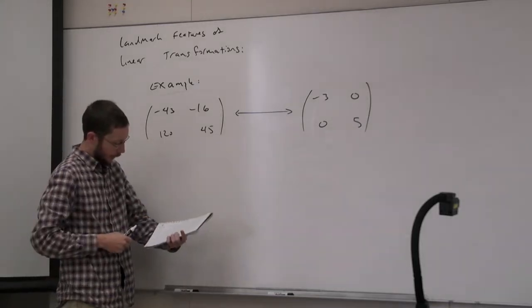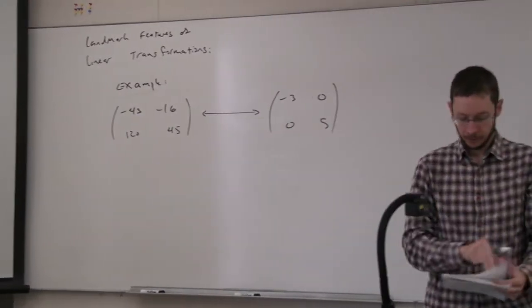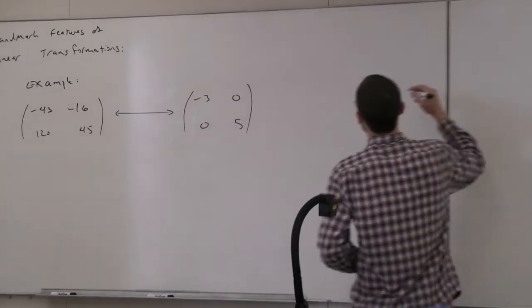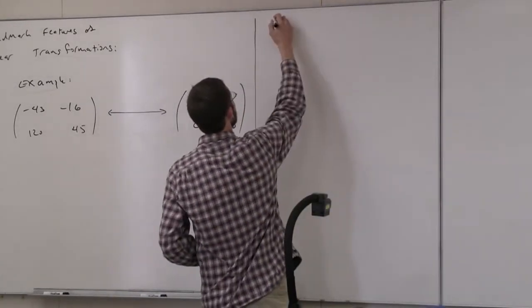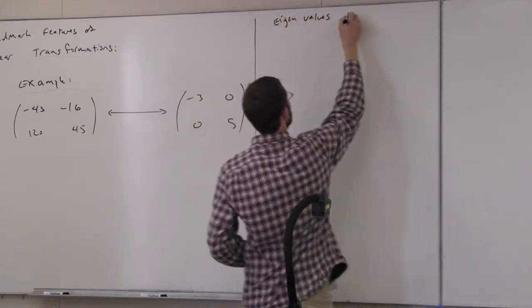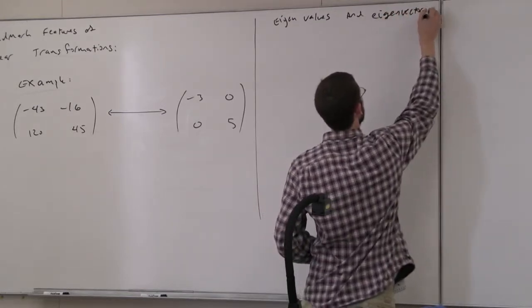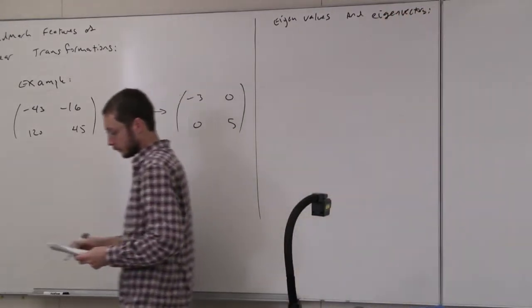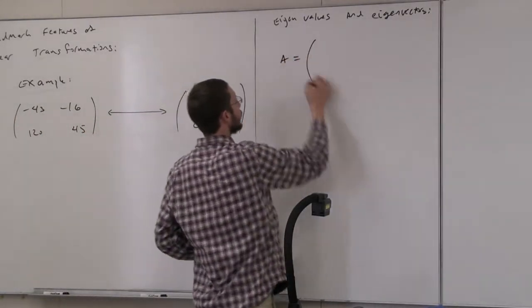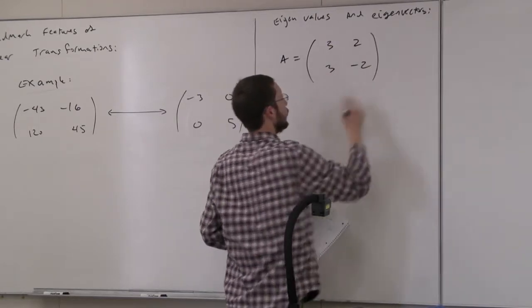So let's go ahead and take a look at a simple transformation, where let's consider A = [3, 2; 3, -2].